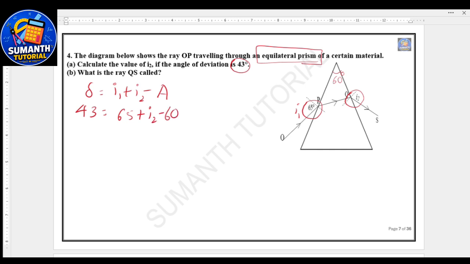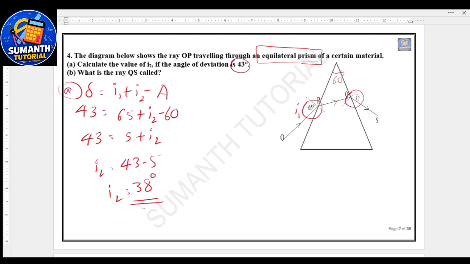Sure, I1 plus I2 minus A. Next step, 43 is equal to 65 minus 60 is 5 plus I2, or I2 is 43 minus 5, and the value of I2 is 38 degree. That's it. This is for 3 marks question. Here it's very easy, 3 marks question. Up to here it is 2 marks, that is we are solving A.